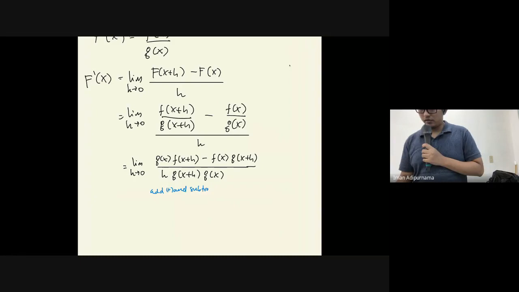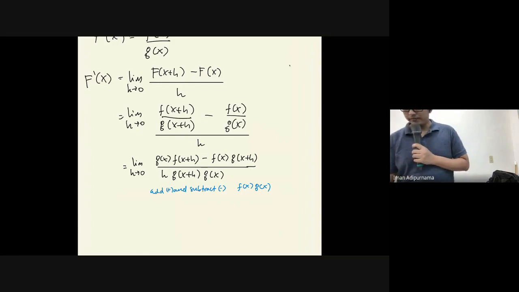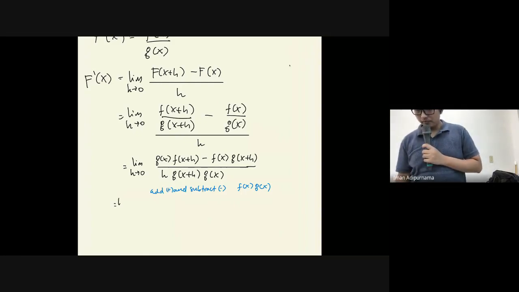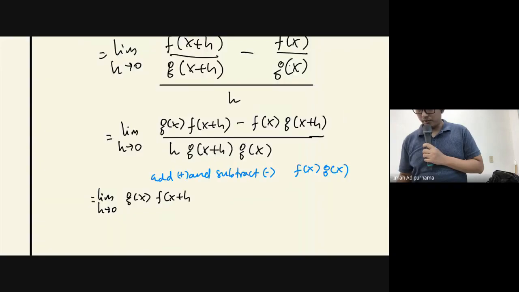In this case, we add and subtract f of x, g of x. So g of x, f of x plus h, let me zoom in.